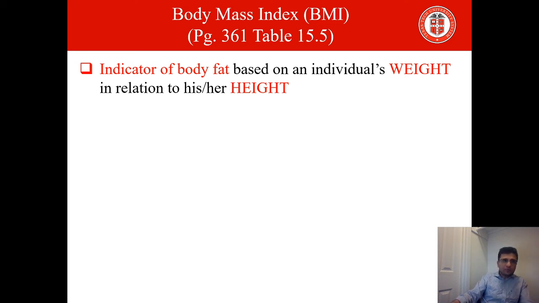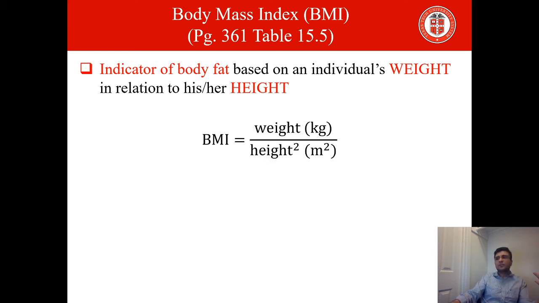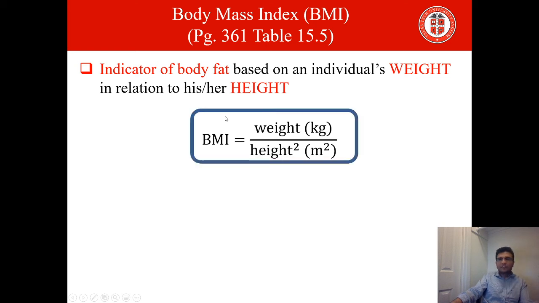And how do we precisely determine it? By using this famous formula, where you put the weight in kilograms in the numerator and divide it by the square of height in meters. So you just get the weight of the person and divide it by the square of height and you will get the BMI. That looks really, really simple.